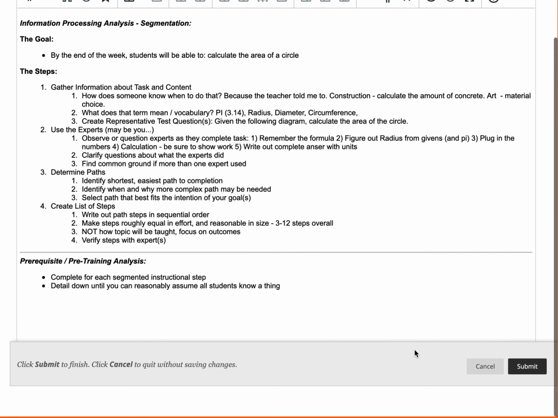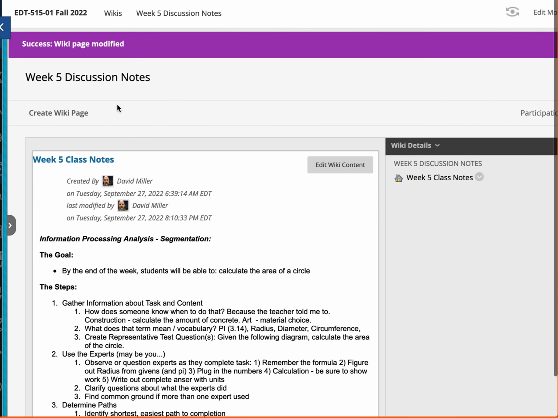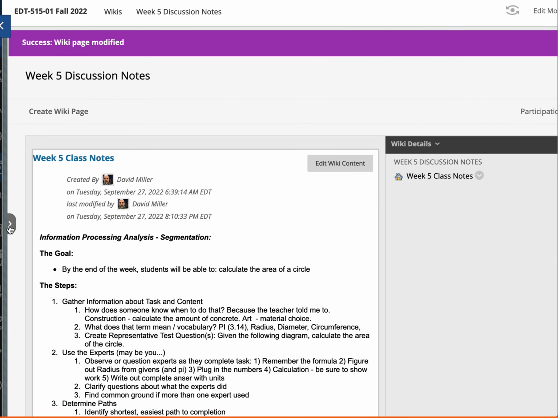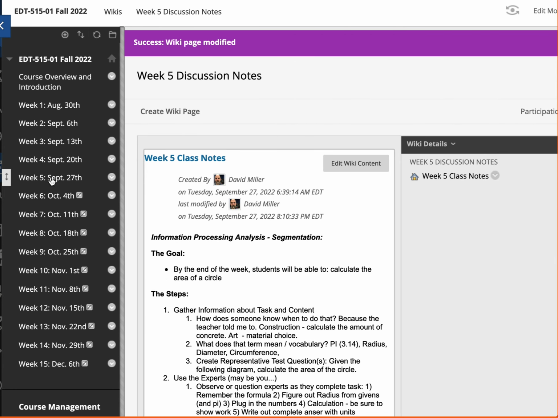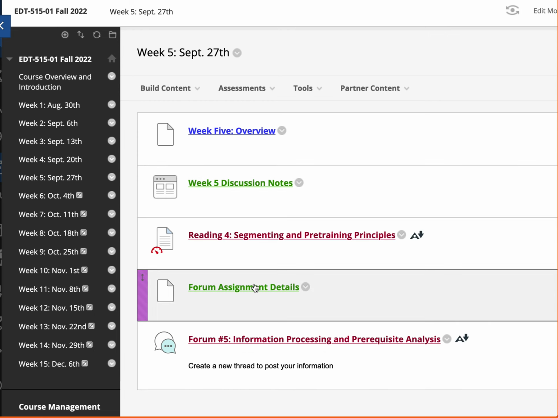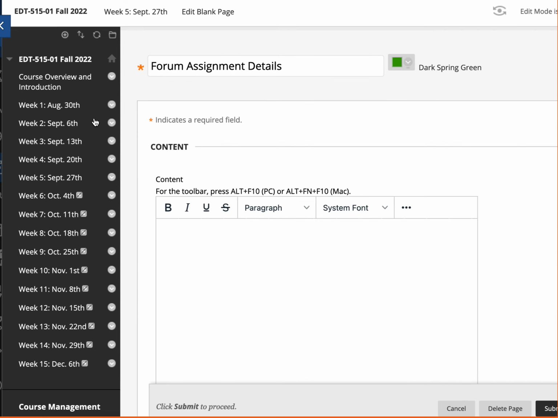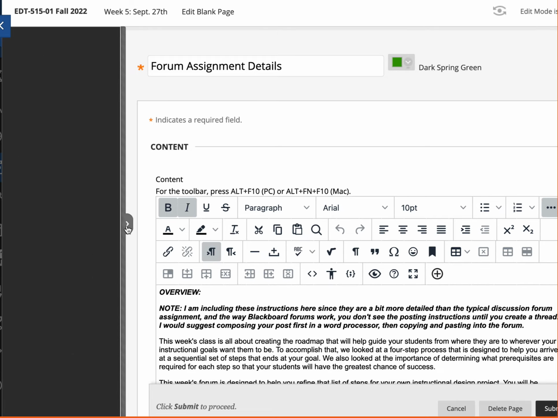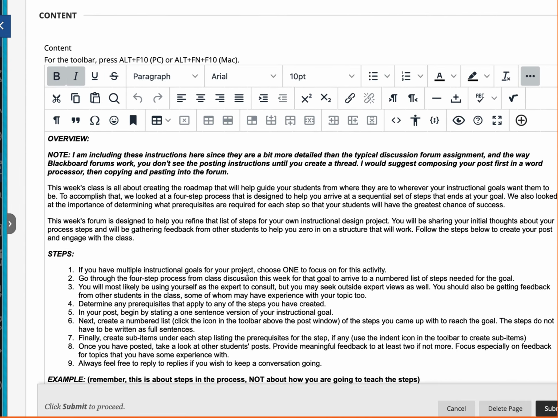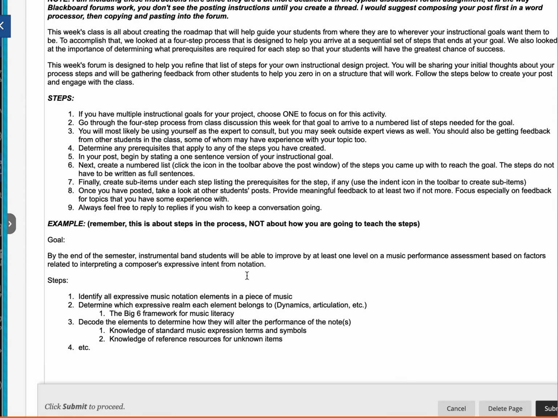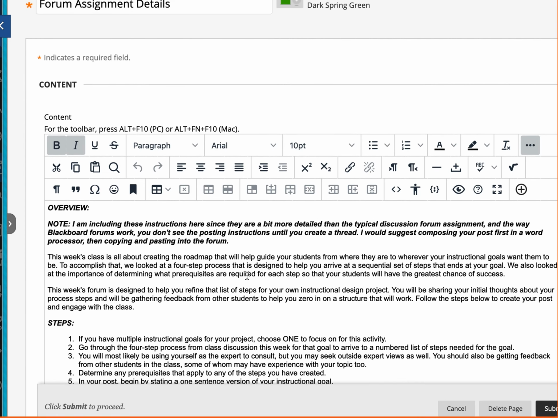Let me do this, because this is probably the easiest thing to do. Let me jump over to here. I think this is where I put the sample. This page in Blackboard just goes through the forum assignment.